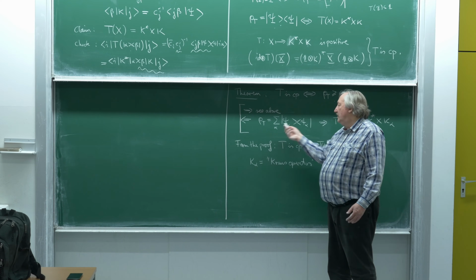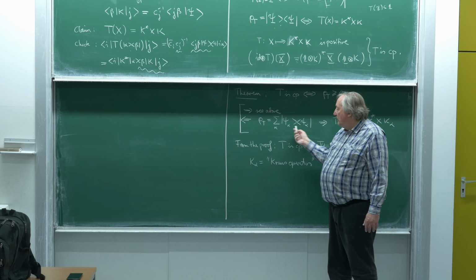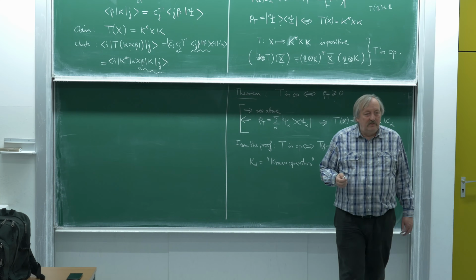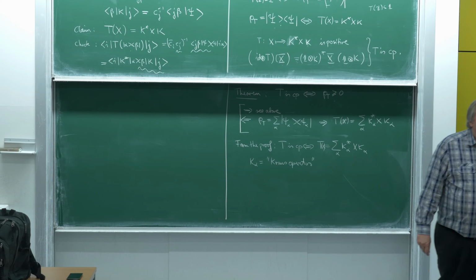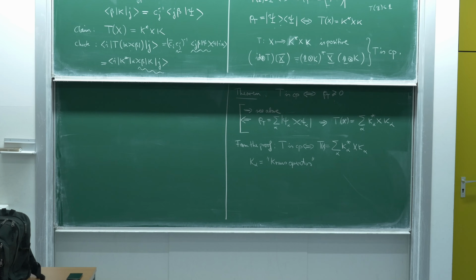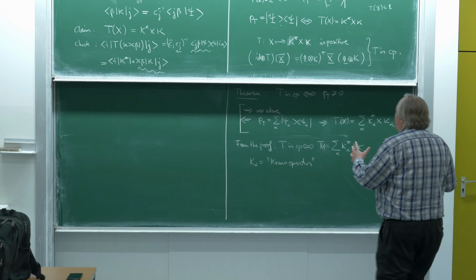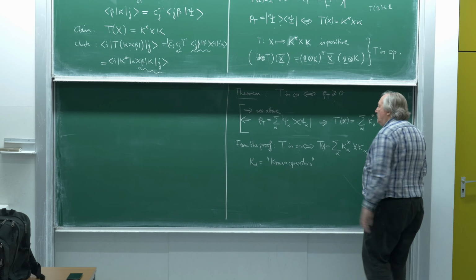So you diagonalize this operator, you get a possibly smaller number of terms here, and you translate back. That's the way to do it. So this Choi isomorphism is used all the time to do things like that. So it transfers a lot of structure.